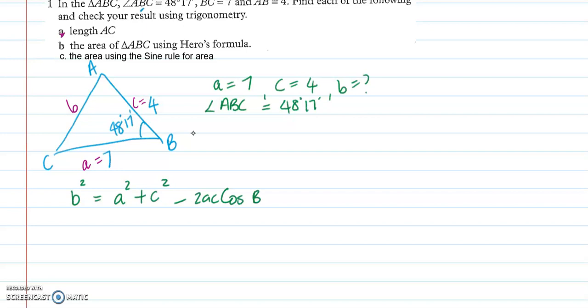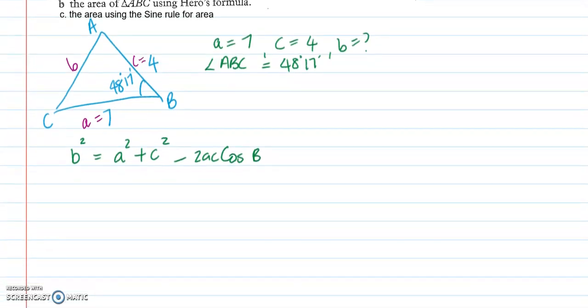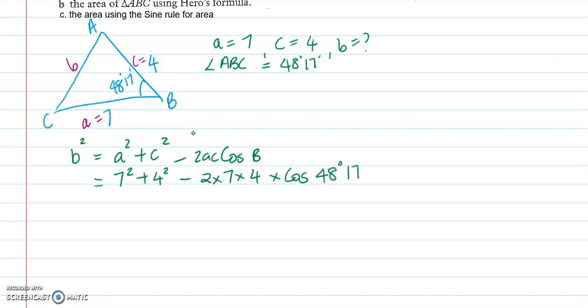Let's substitute all our values and see what we get. That's equal to 7 squared plus 4 squared minus 2 times 7 times 4 times cosine of 48 degrees and 17 minutes. And if we evaluate all of that, we see that B squared is equal to something looking like 27.734939.